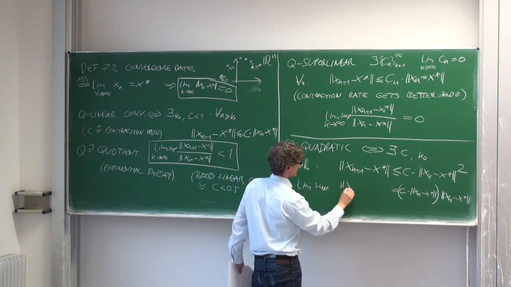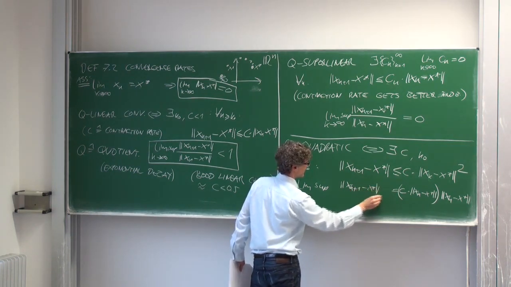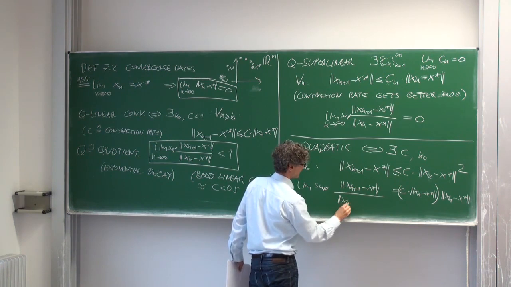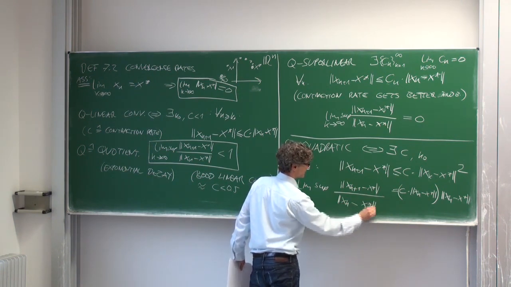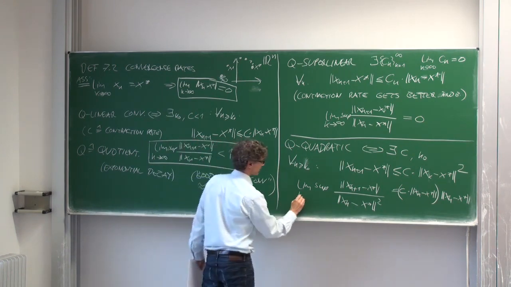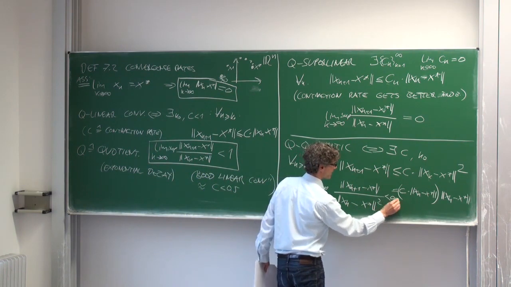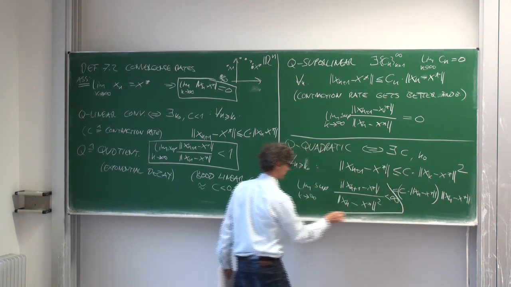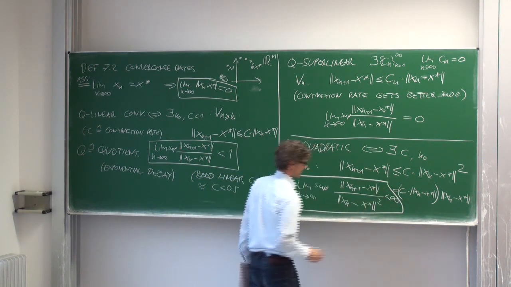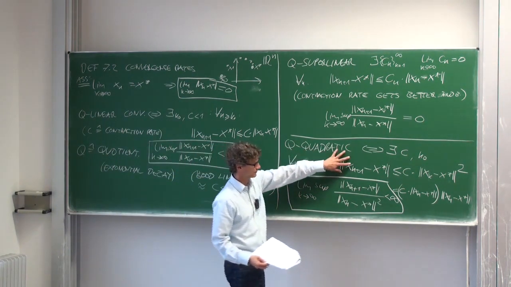And here I take this xk plus 1 minus x star, and I divide it by the difference xk minus x star squared, so this should be smaller than infinity. So that's the condition. That is also equivalent to the statement that I had before.